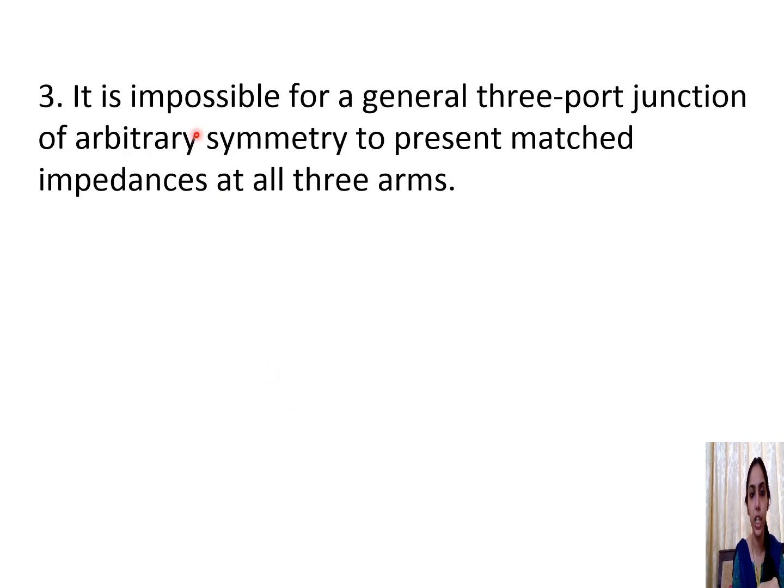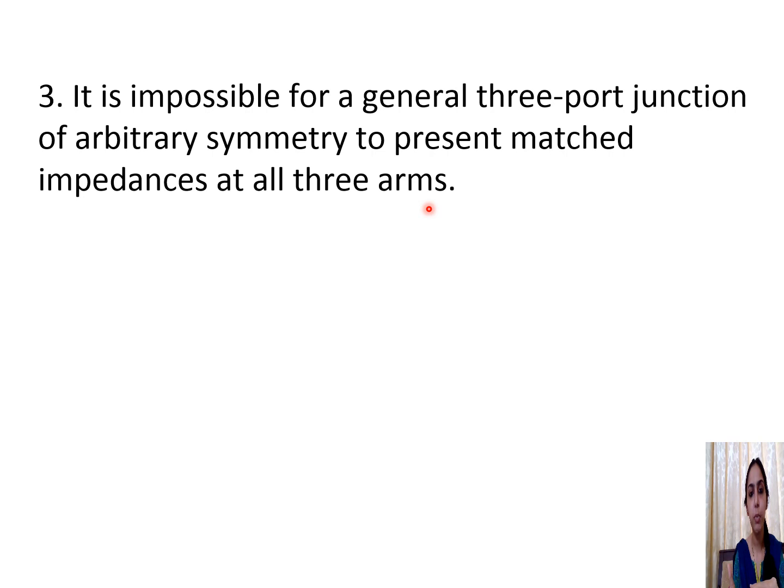Now the third point, it is impossible for a general 3-port junction of arbitrary symmetry to present matched impedance at all 3 arms. So suppose we have 2 arms and we insert one particular arm, obviously with arbitrary symmetry for a T junction, it is impossible to have matched impedances at all 3 arms. We can have matched impedance at 2 arms.